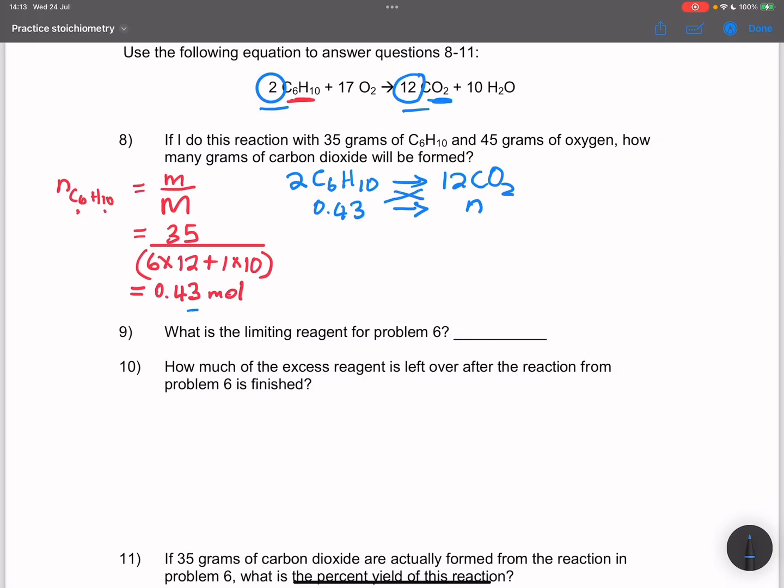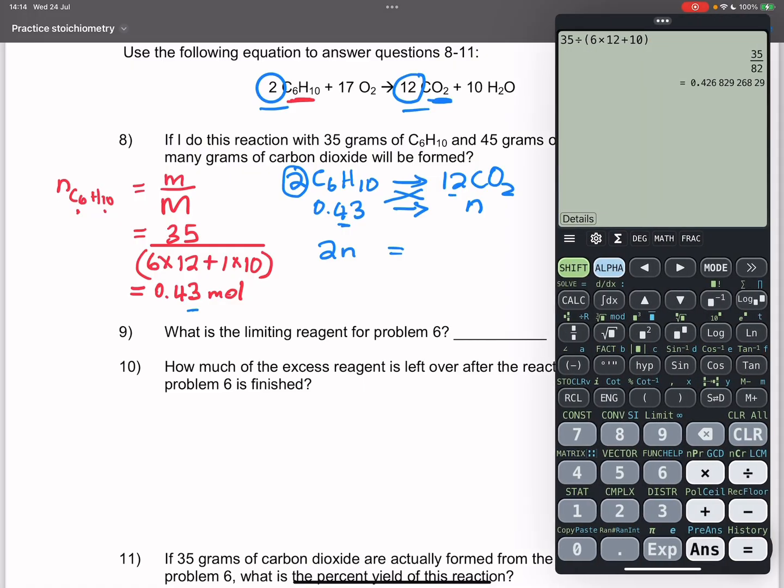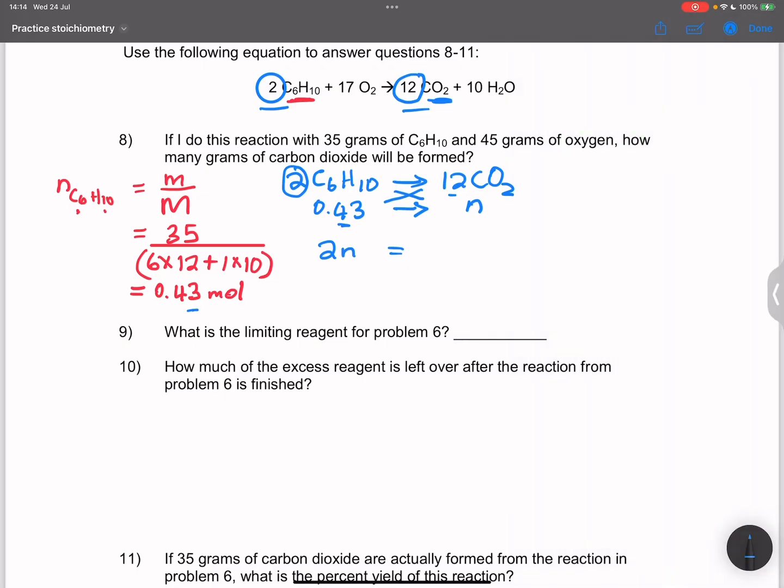Remember what I said to you, ladies and gents? When we cross multiply, we only take the coefficients. So 2 multiplied by N gives me 2N, and 0.43 times 12 gives us 5.16.